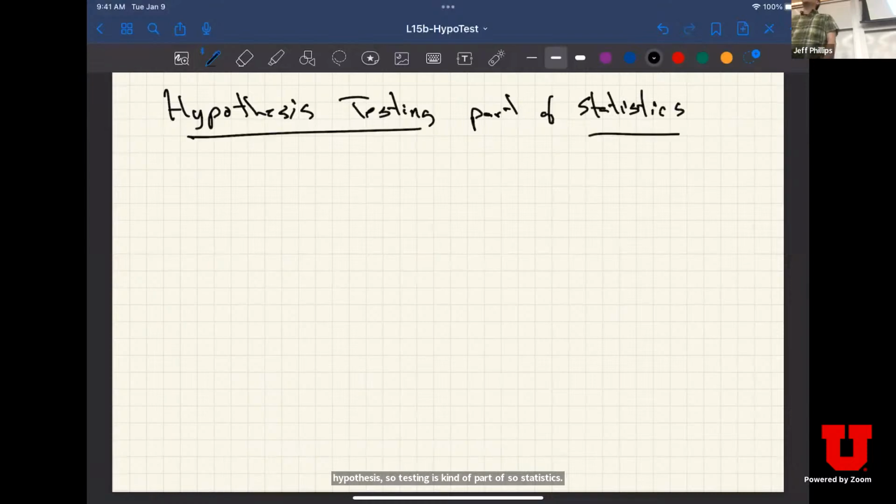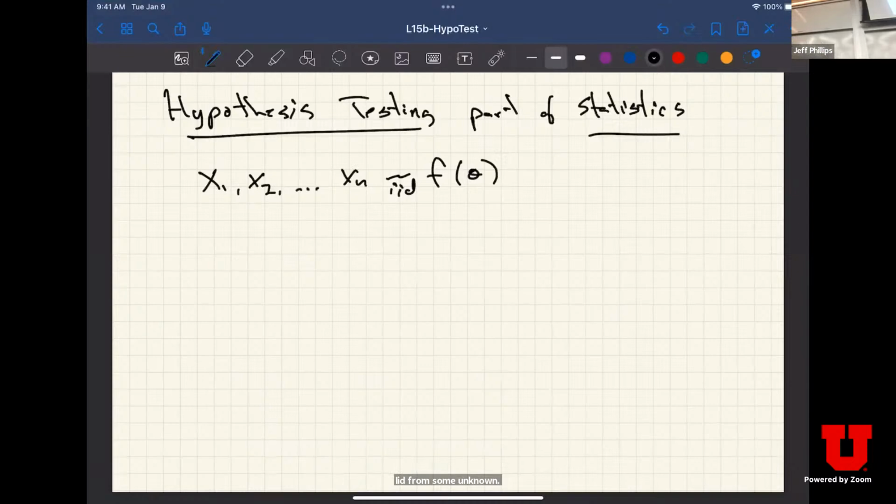When we think of statistics, we should be thinking about we have x1, x2, up to xn. These are IID from some unknown distribution. We're going to be working with some observations, some data, but these are random variables, and we need to start with these. We're going to ask some question about this, and we'd like to learn.